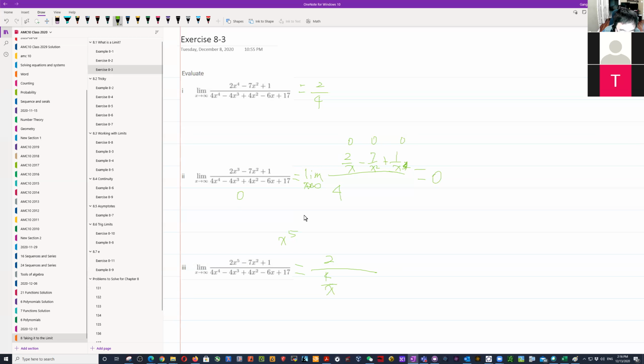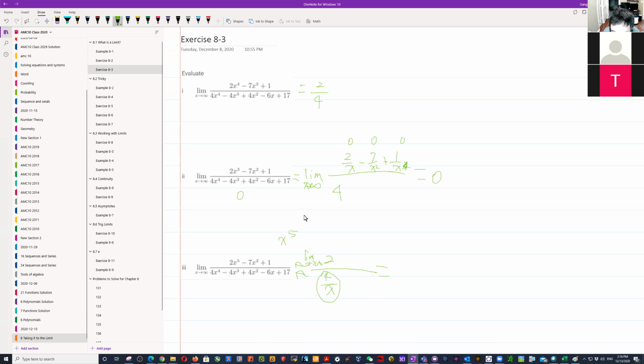So really this term matters. When x goes to infinity, you can say it's approximately equal to this, and dividing by a fraction equals multiplying by its reciprocal.